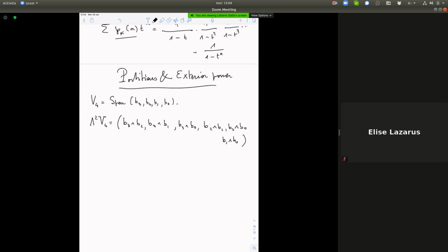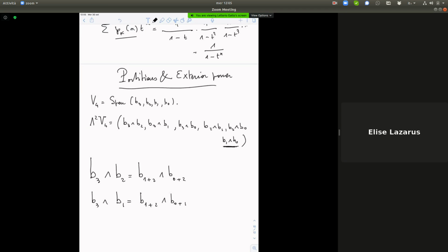Now, I want to show you this. I want to show that all the basis elements can be obtained from the first one. Because B3 wedge B2 can be written as B1 plus 2 wedge B0 plus 2. Now let's go to B3 wedge B1. Elise, help me. I want to write B1 plus 2 wedge B0 plus 1.